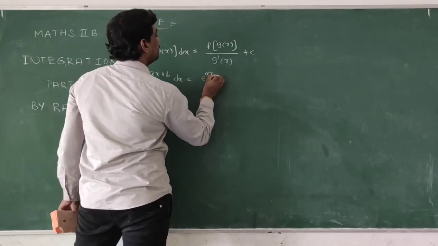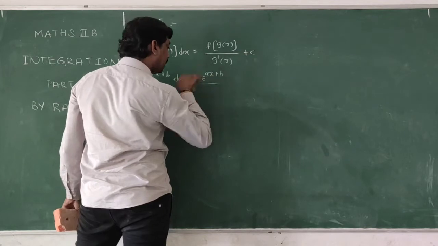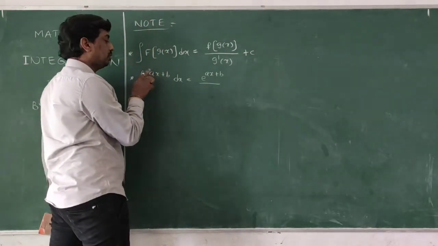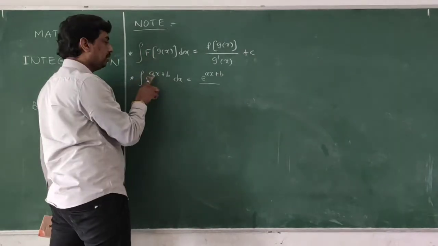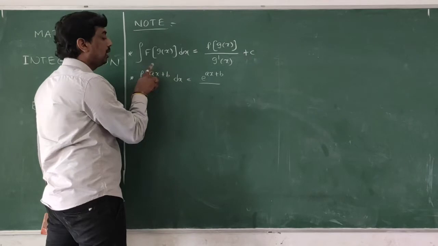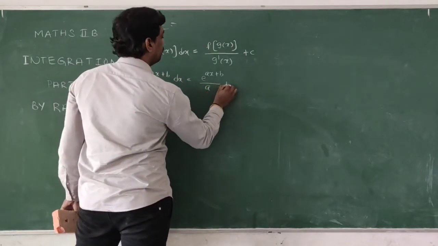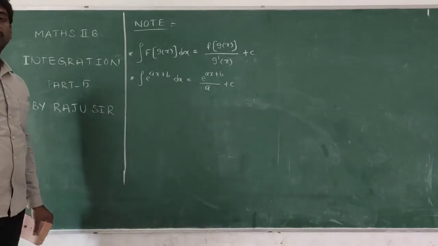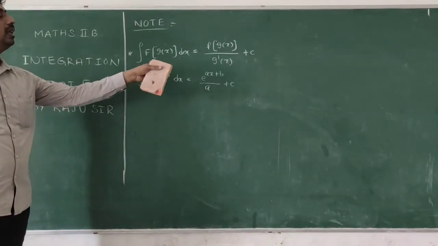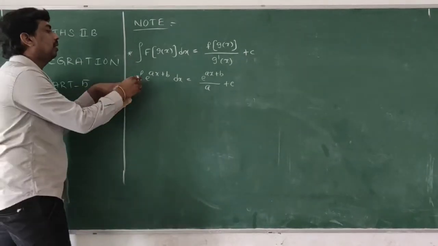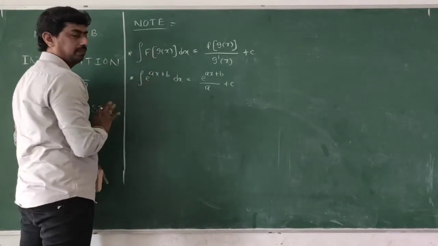So e power ax plus b, divided by the derivative of ax plus b: a into the derivative of x, which is 1, gives a, plus the derivative of the constant b, which is 0, so a plus 0 is a only. So the integration of e power ax plus b dx equals e power ax plus b by a plus c. This is the application of this formula.